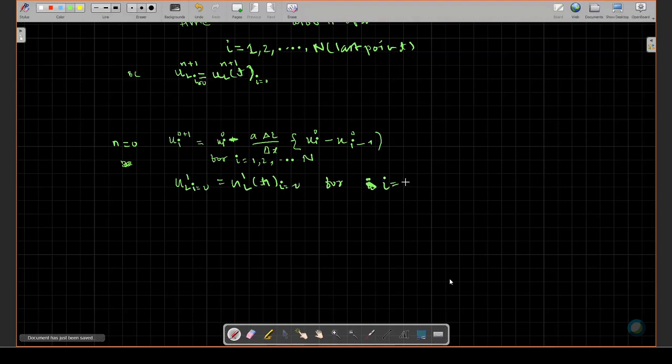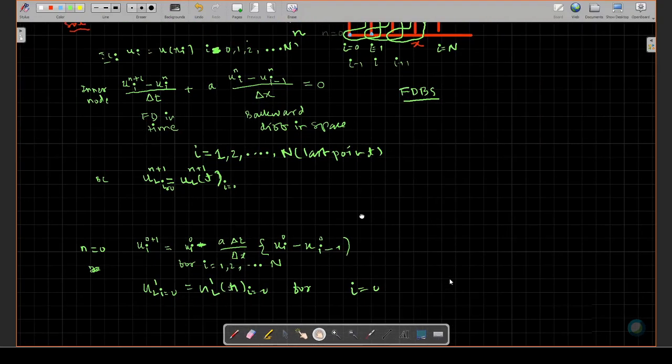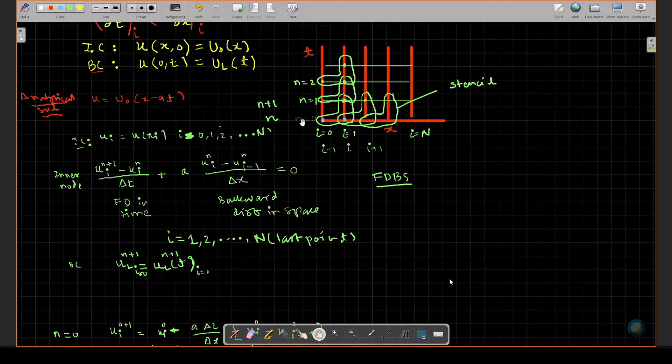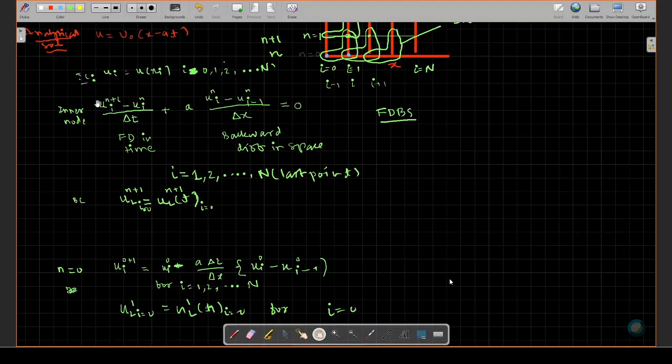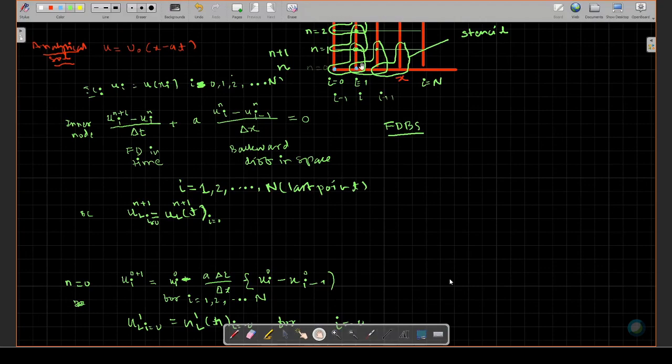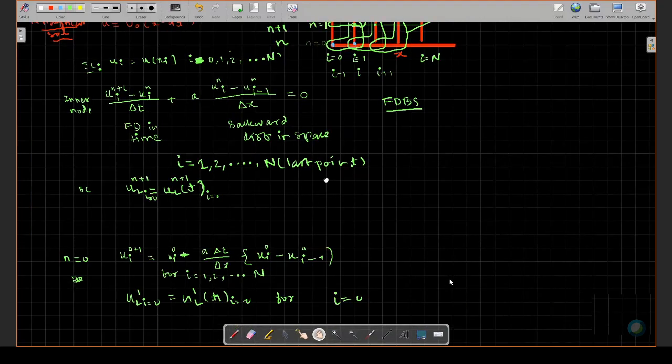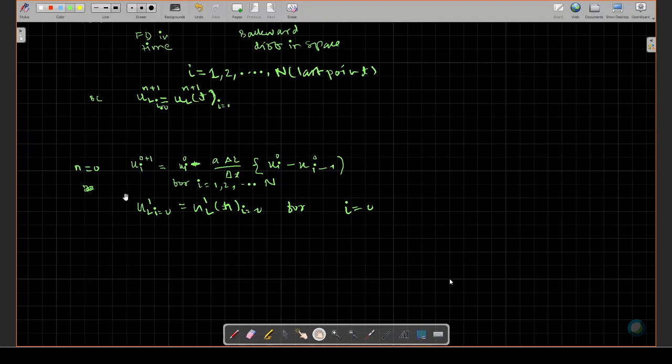We know the expression for i equals 0, and this is the expression for i running from 1, 2, 3 to N. For n equals 1, again these expressions will repeat, and u_i will become n plus 1, that is 2, like that.